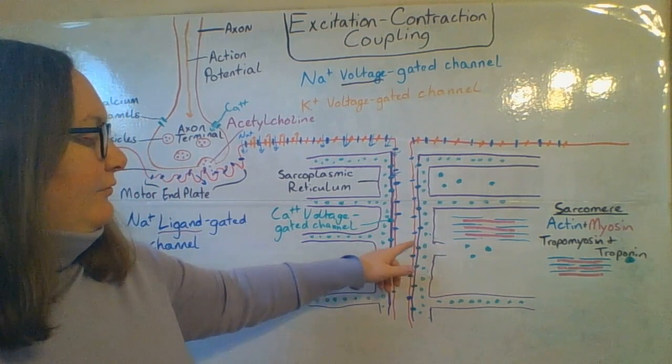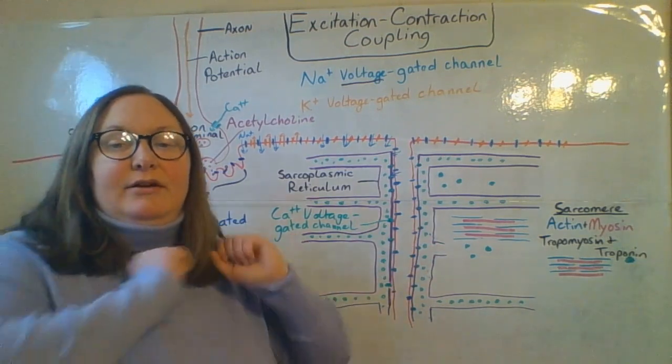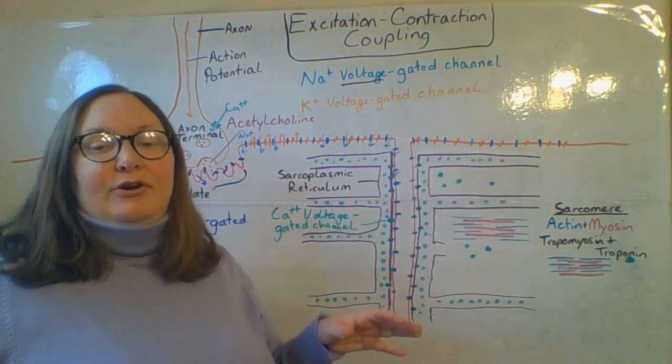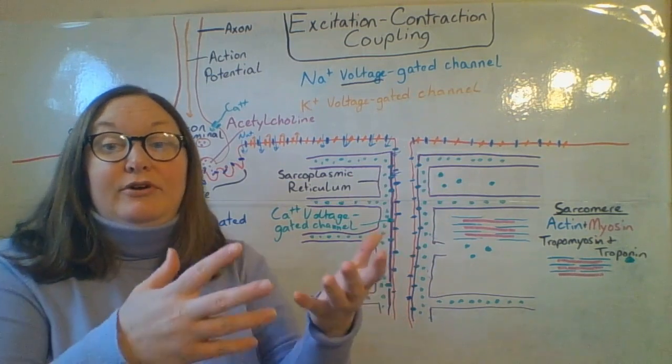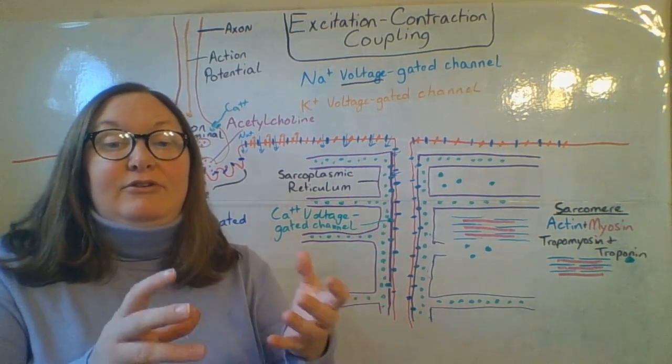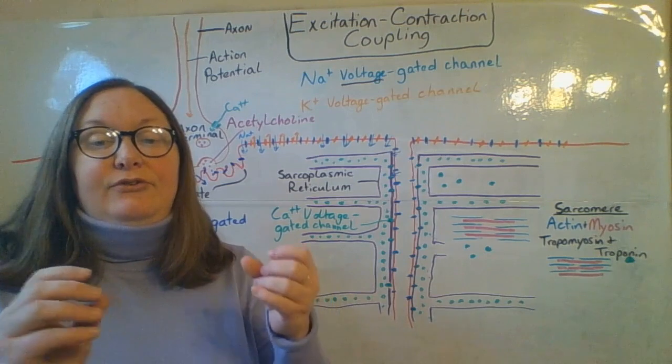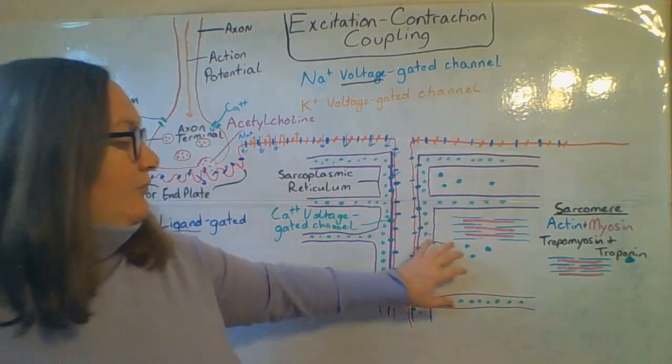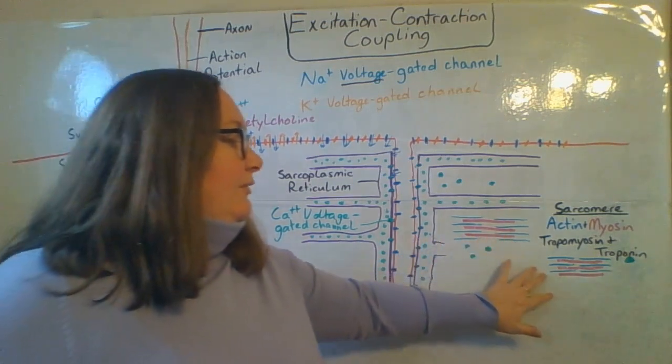So what happens? Those calcium channels get stimulated. They release calcium from the sarcoplasmic reticulum. Because remember, its main job here is to store calcium. So it stores the calcium, releases the calcium.